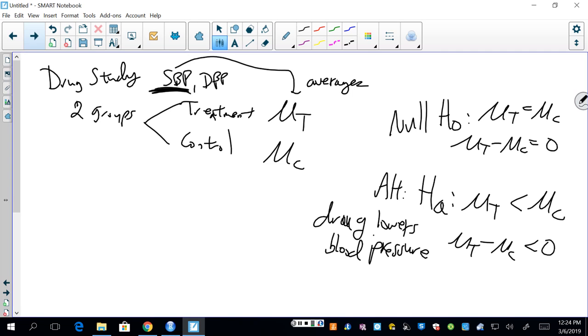And so we're going to get data, right? And so we're going to get a sample. There's going to be some average for the treatment and some average for the control. We can look at those. And they might be close together or not, but they'll probably be different. We could look at the difference between the two averages. Right?